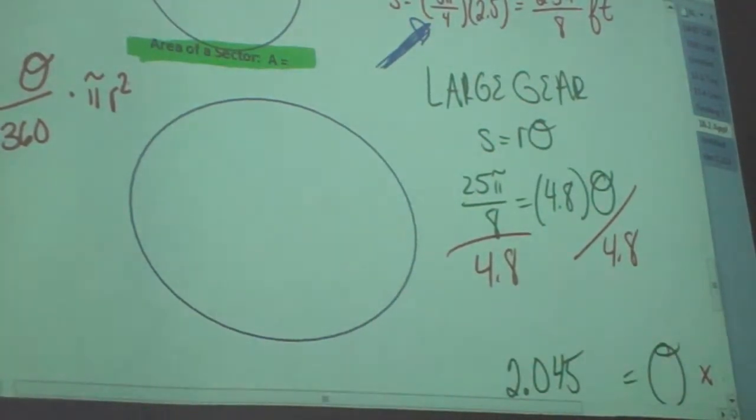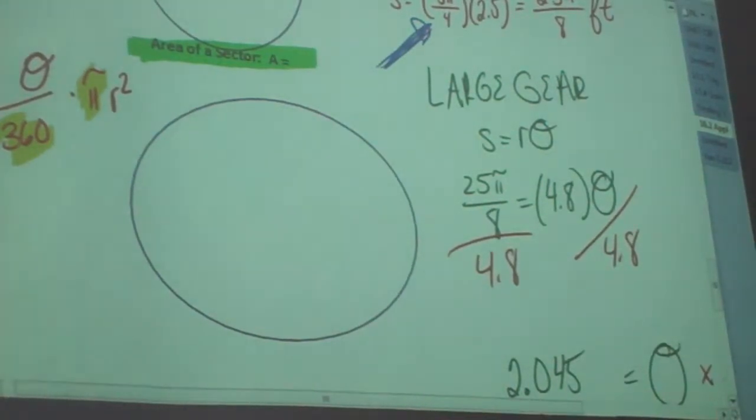Theta over 360 times pi r squared. Pi over 360, right?